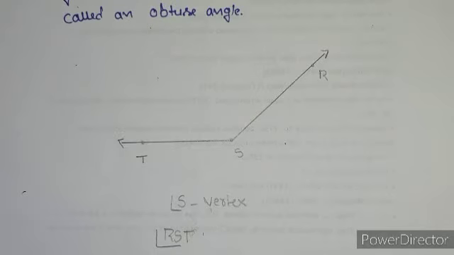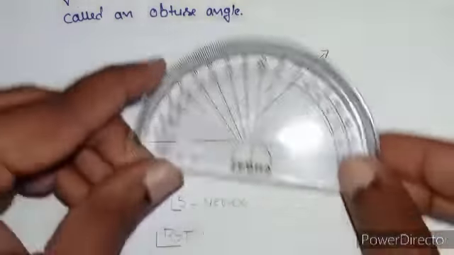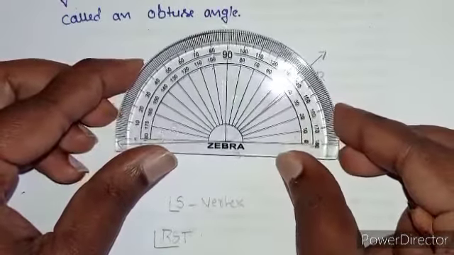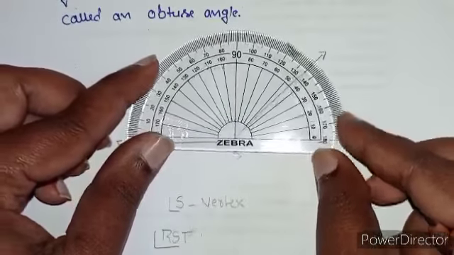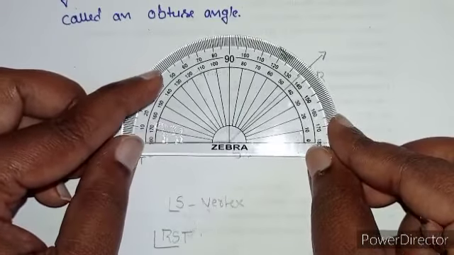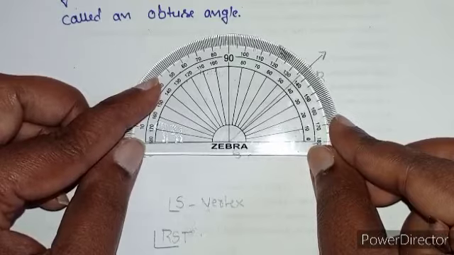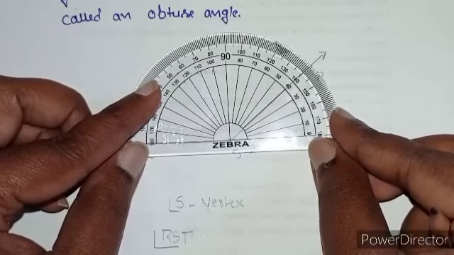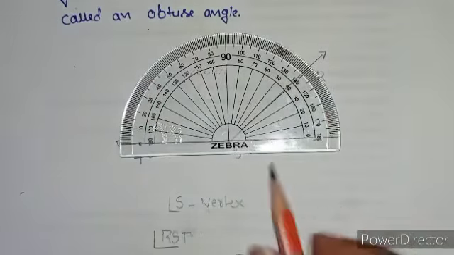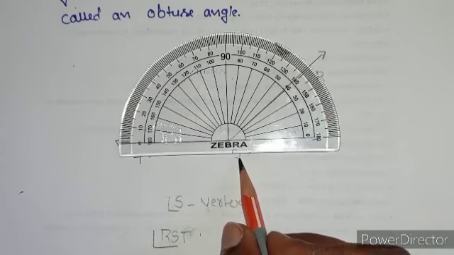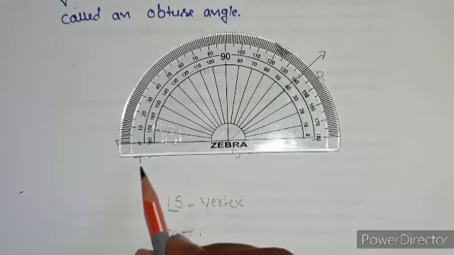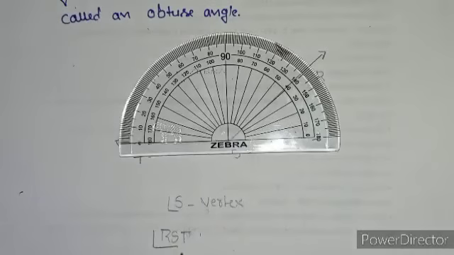First, place the center point of the protractor on the vertex point. Here S is the vertex point, and SR and ST are the two arms of the angle RST.